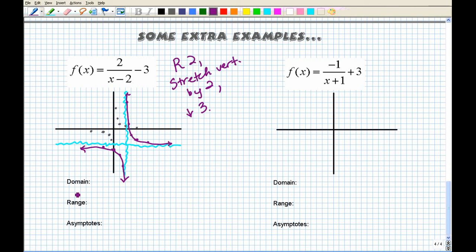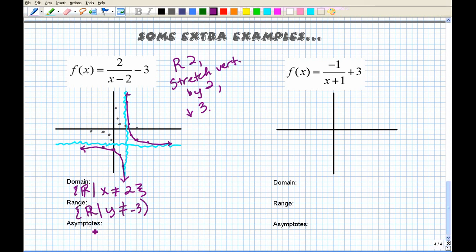For the domain, that will be the set of all real numbers where, and we just have to look at where the asymptote is. X cannot be equal to, and our asymptote is at 2, so x cannot be equal to 2. And then for the range, that'll be the set of all real numbers where's our asymptote at? It's at -3, so y cannot be equal to -3.